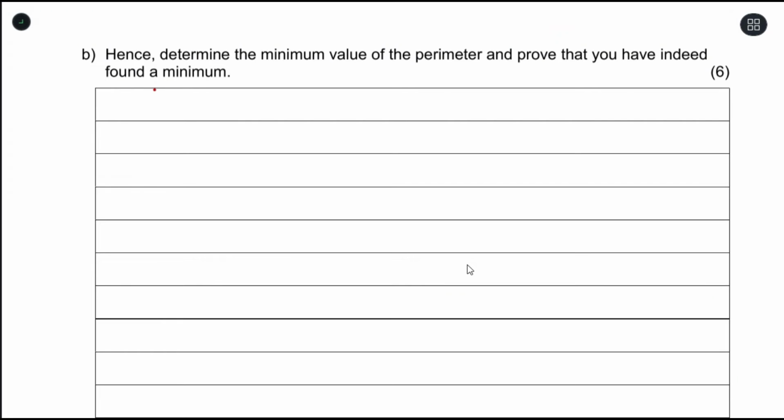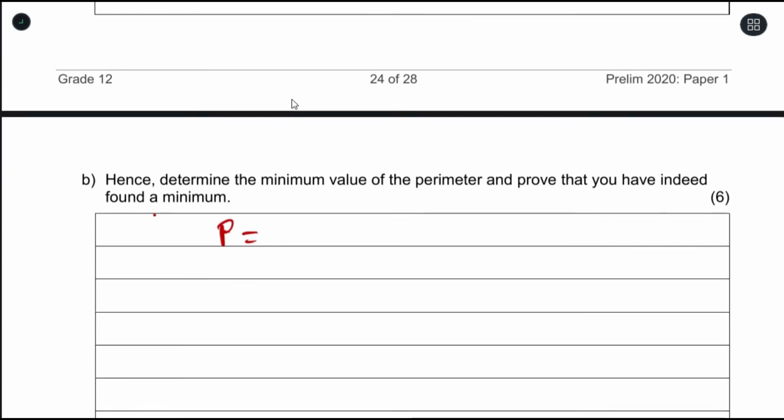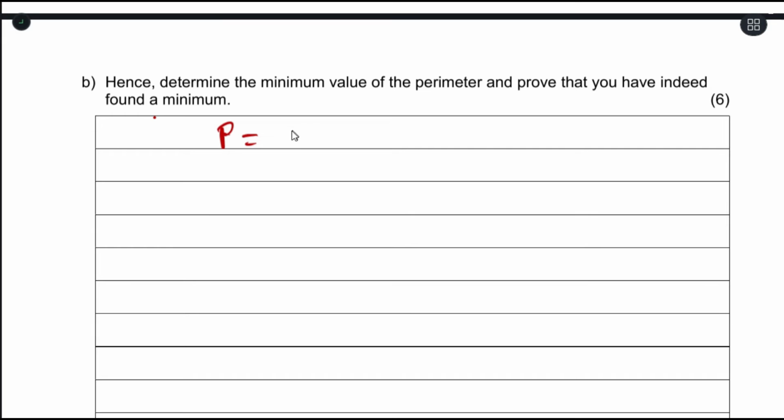Now for B, it says, hence, meaning continue from the previous question, determine the minimum value of your perimeter and prove that you indeed found the minimum. Now to find the minimum value of your perimeter, you would get the derivative. So the perimeter is 2x plus 40 over x, which, as you know, can be written as 2x plus 40x to the power of minus 1.